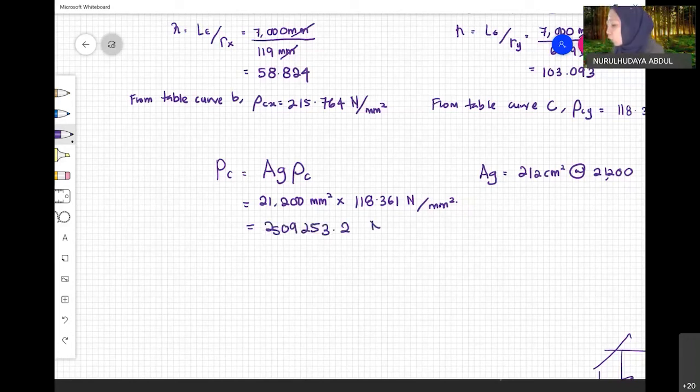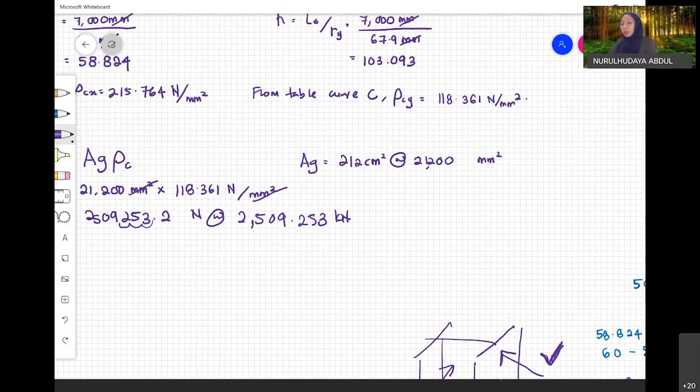So this one is in Newton, because millimeter square cancels out, leaving Newton. You convert it into kilonewton by dividing by 1000, so you get 2500.253 kilonewton. What we do is compare, because this is the compressive resistance that can be resisted by the section.